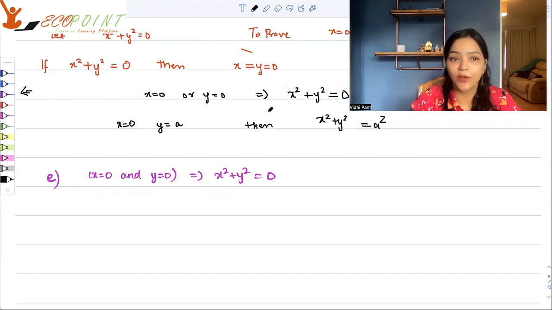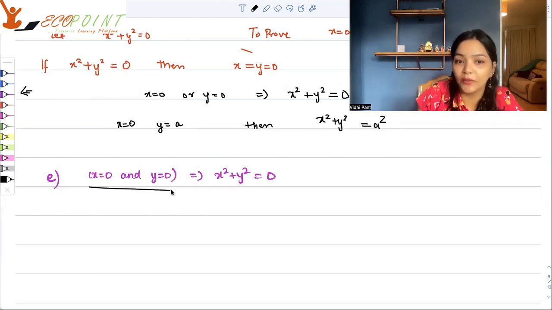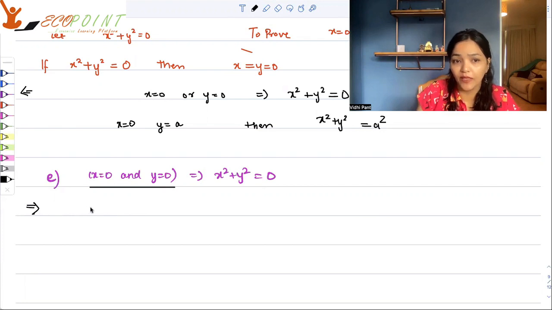Now that problem gets solved in part E. x equals 0 and y equals 0 implies x squared plus y squared equals 0. Absolutely, if I take it this way, I assume that x is equal to 0 and y is equal to 0. Automatically, therefore, x squared plus y squared will be equal to 0, right?